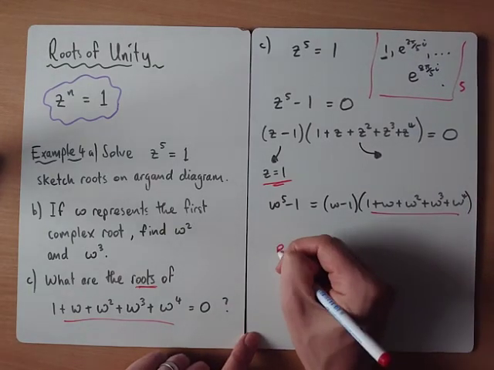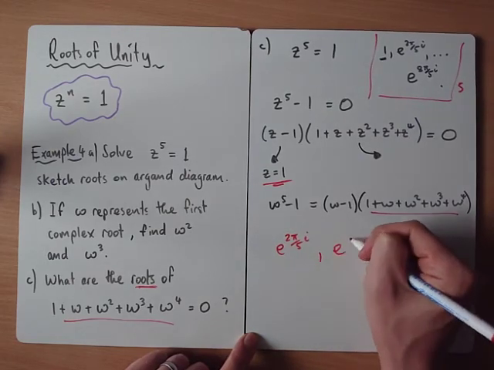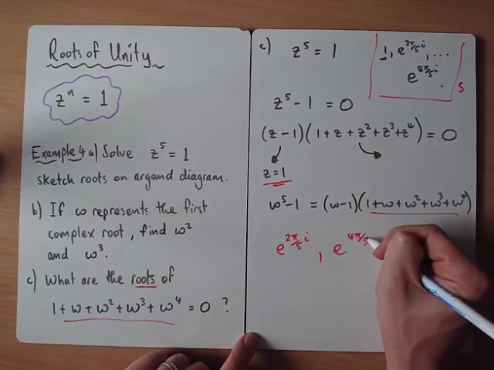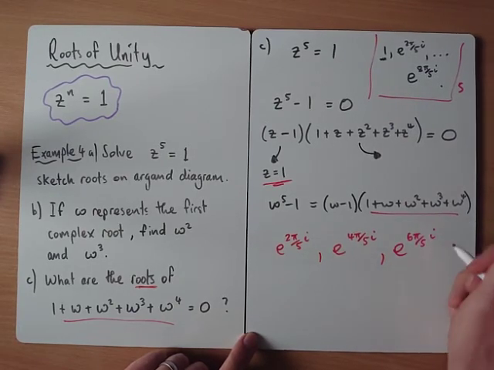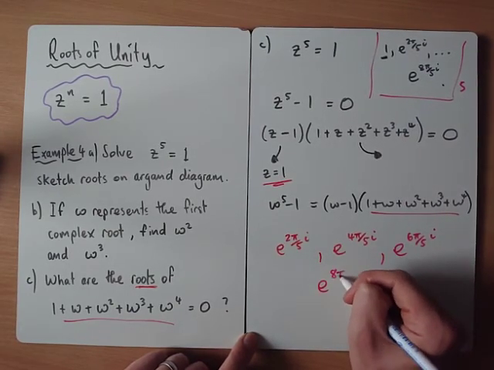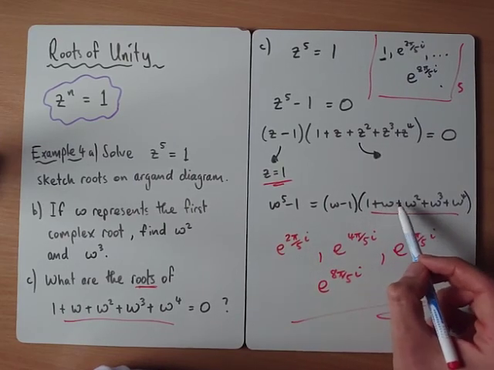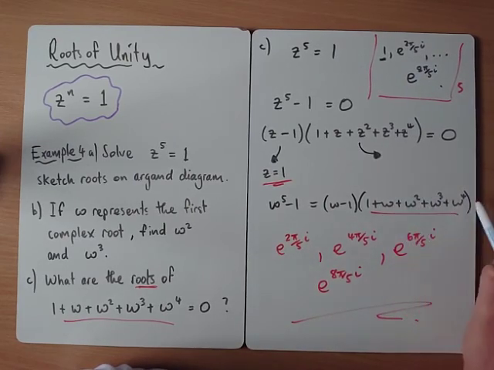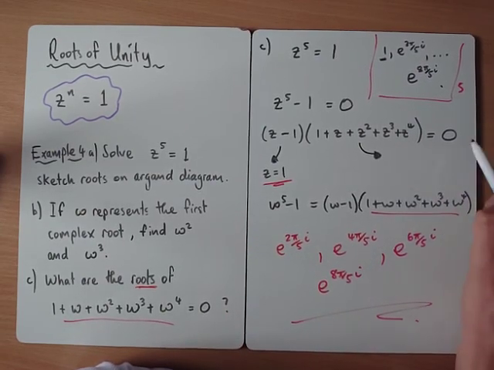So the roots would be e to the 2 pi over 5 i, e to the 4 pi over 5 i, e to the 6 pi over 5 i, and e to the 8 pi over 5 i. If you wanted to, you could substitute one of these into this equation and square it, cube it, and convert it back from exponential form, and you will solve the equation. It will be equal to 0.